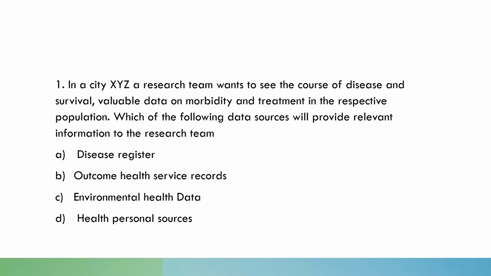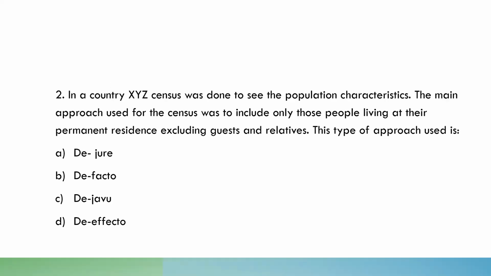Either the disease register, the outcome health service records, the environmental health data records, or health personnel sources? A. Yes, the answer is A, because whenever there is a need for information on the course of disease, survival, morbidity and treatments, the disease registers are the most appropriate choice.